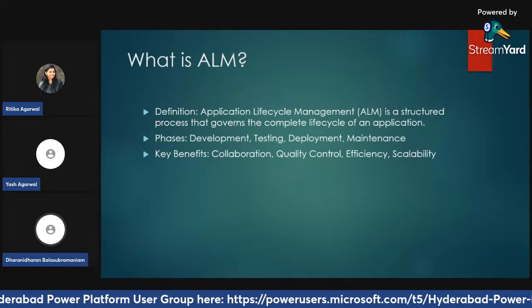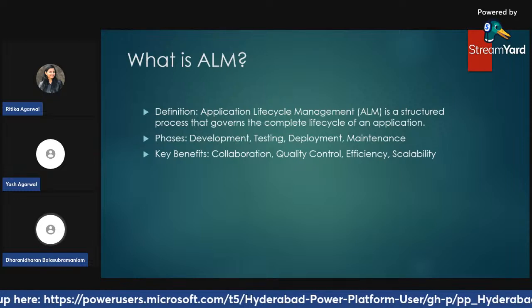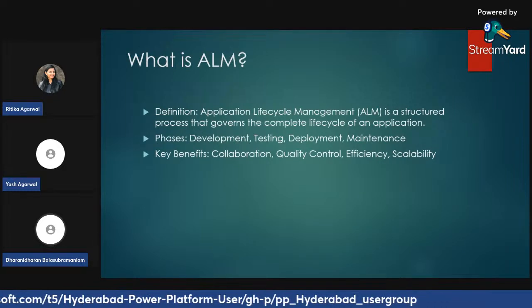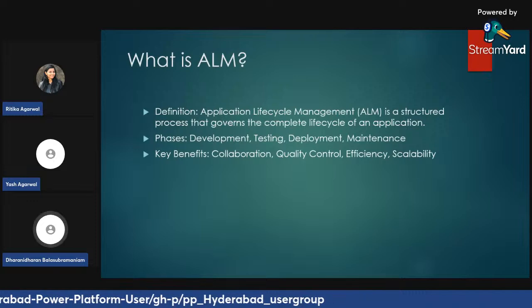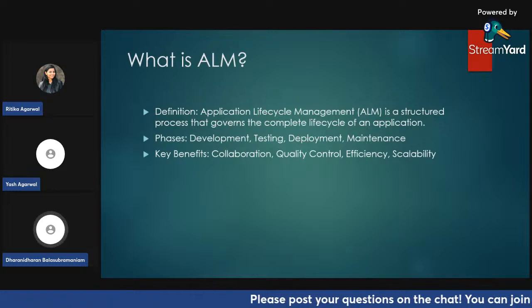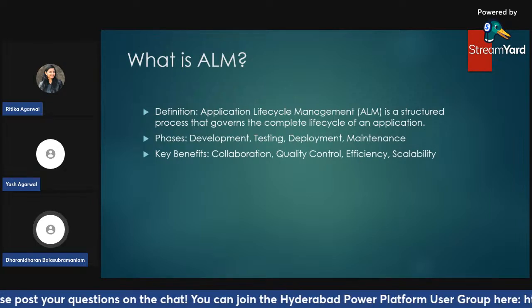In the Power Platform, ALM is particularly valuable because of how dynamic the solutions are. With ALM in place, we have a structured way to manage all our components, whether it is a Canvas app, model-driven application, workflow, or data integrations, in a way that makes the collaboration between team members much smoother.